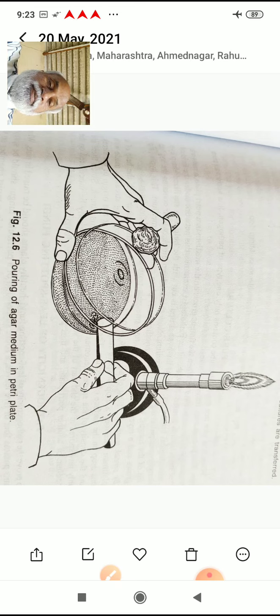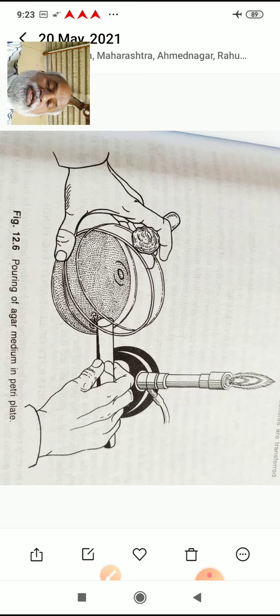So after having details related to the technique of culture, the devices required, then their sterilization and preparation of medium, adjustment of its pH, and also filling of the culture tubes or petri plates or conical flasks for further study.